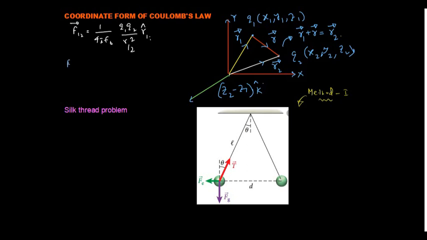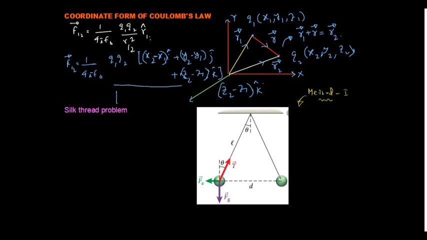F12 vector is equal to 1 by 4 pi epsilon naught q1 q2 into x2 minus x1 i cap plus y2 minus y1 j cap plus z2 minus z1 k cap, divided by this whole factor, mod of r to the power 3 by 2. So I better write r12, referring to the modulus of it.